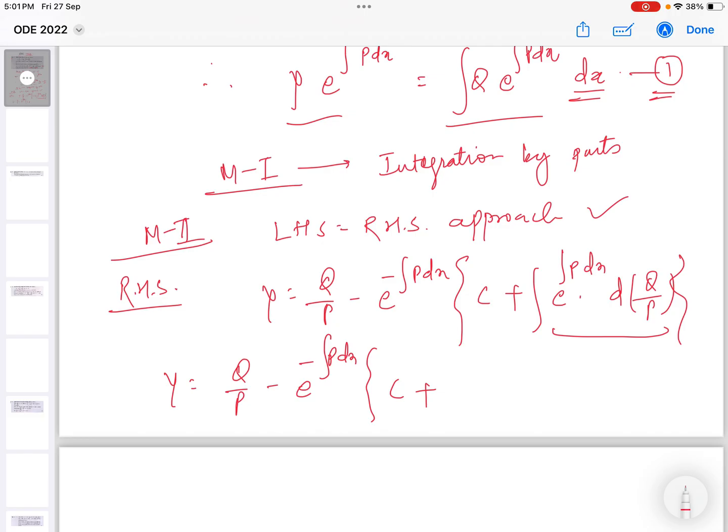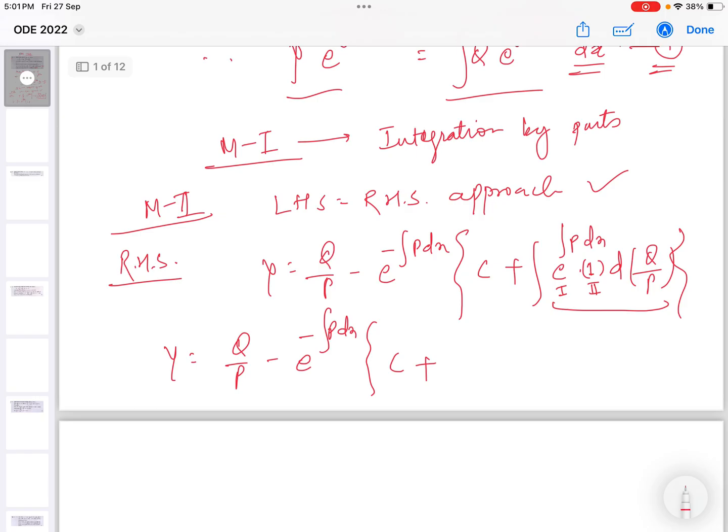Say this is 1 attached here. Assuming it as the first function and this as the second function. Why we are doing this, you will come to know that if we do, it will be easier for us to integrate this, because then we will be directly getting q by p.